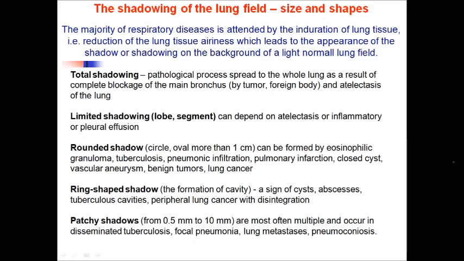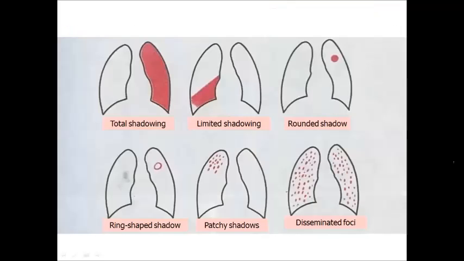And at last, small patchy shadows are most often multiple and occur in disseminated tuberculosis, focal pneumonia, lung metastasis, and pneumoconiosis. This picture will, I suppose, help you imagine how total, limited, and other types of shadowing look on a plain X-ray film.